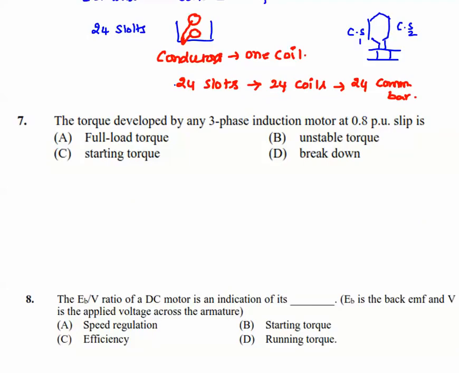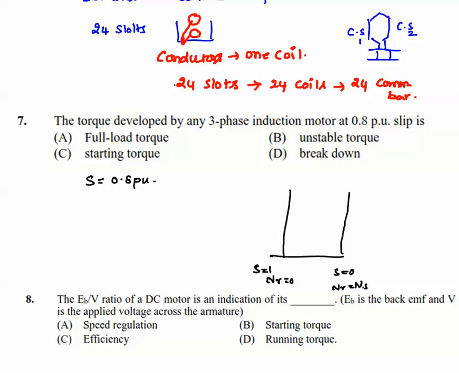Now the next question, the torque developed by any three-phase induction motor at 0.8 per unit slip is. So in the given question, the slip is given as 0.8 per unit. Normally, from the speed torque characteristics of an induction motor, we can observe that slip is maximum here and slip is minimum here, and the rotor speed is 0 here, and here rotor speed is equal to synchronous speed.